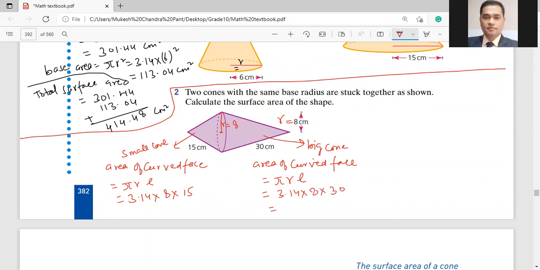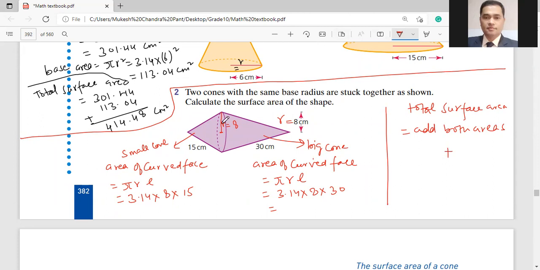You can calculate it. Then for the total surface area, add both areas. You get the first area and the second area. Add both, and that will be the total surface area.